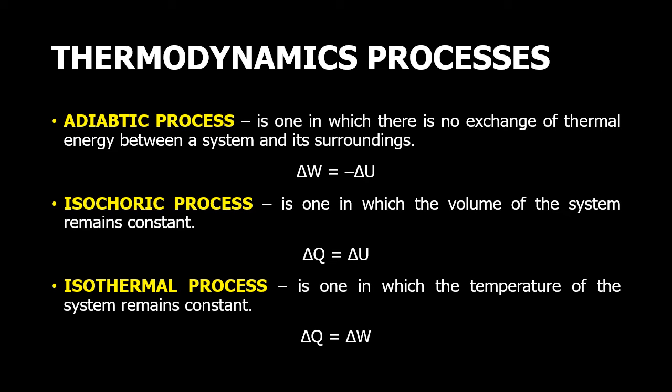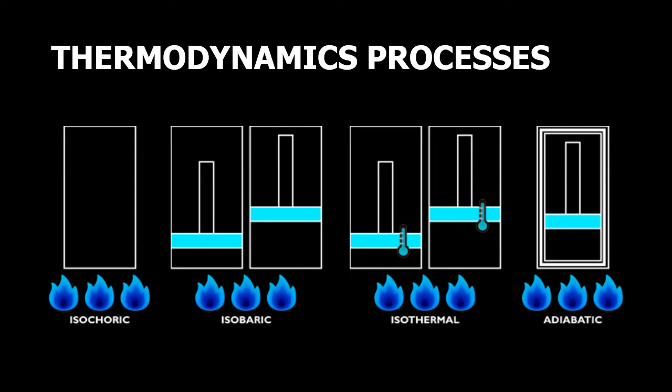Therefore, the formula for our isothermal process is delta Q equals delta W. The most familiar system having this property is an ideal gas. Here are the diagrams for the four thermodynamic processes discussed previously.